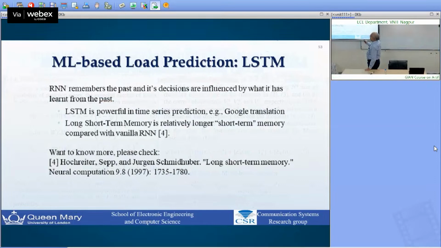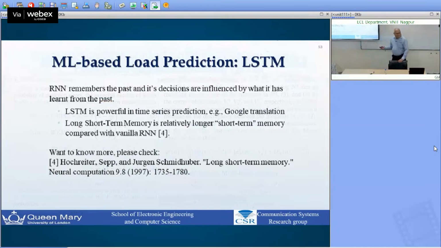All technical details of LSTM are available in the 1997 paper. So we apply the same LSTM architecture to predict the load.